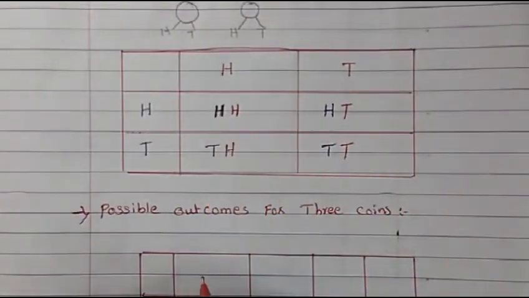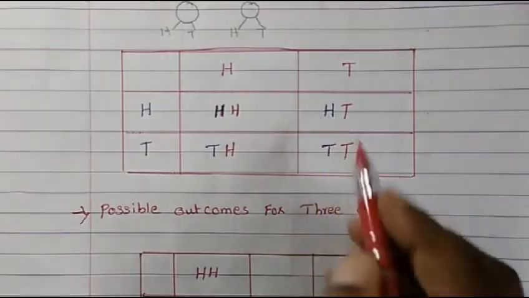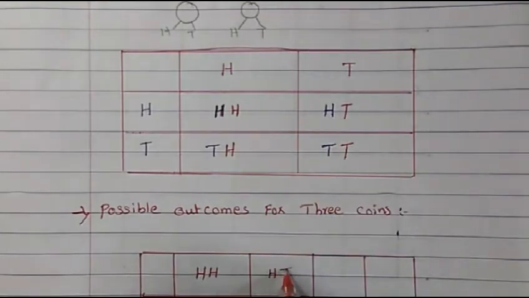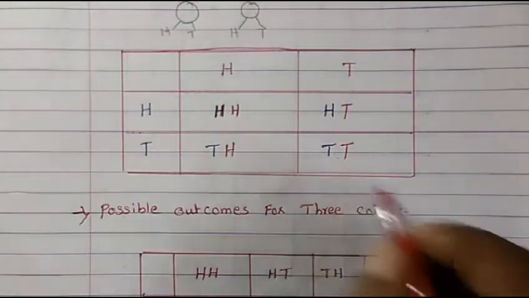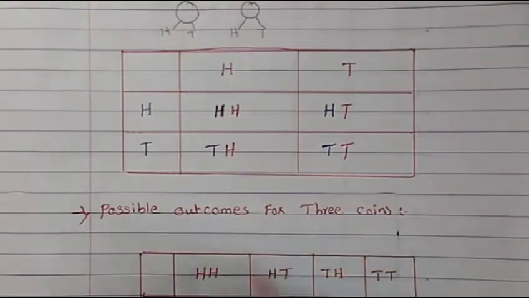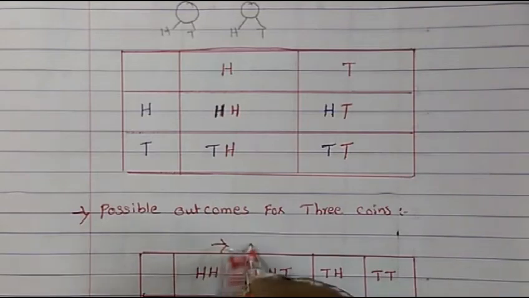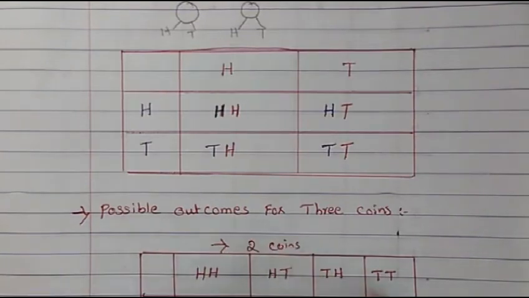I am writing it in red color for 2 coins: head and head, head and tail, tail and head, and tail and tail. So this is for the 2 coins that we had.